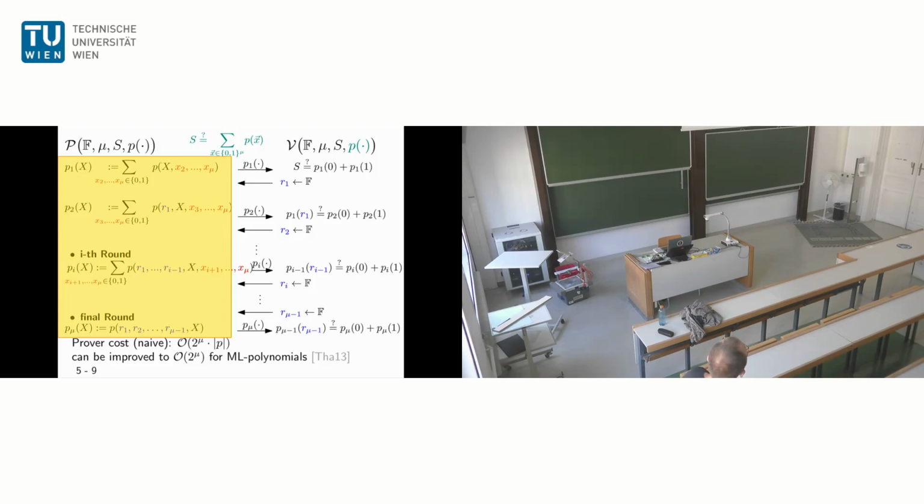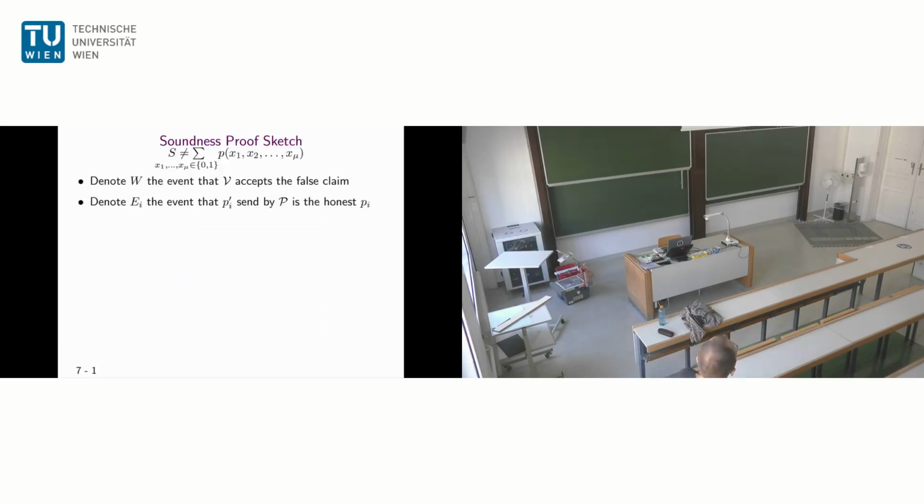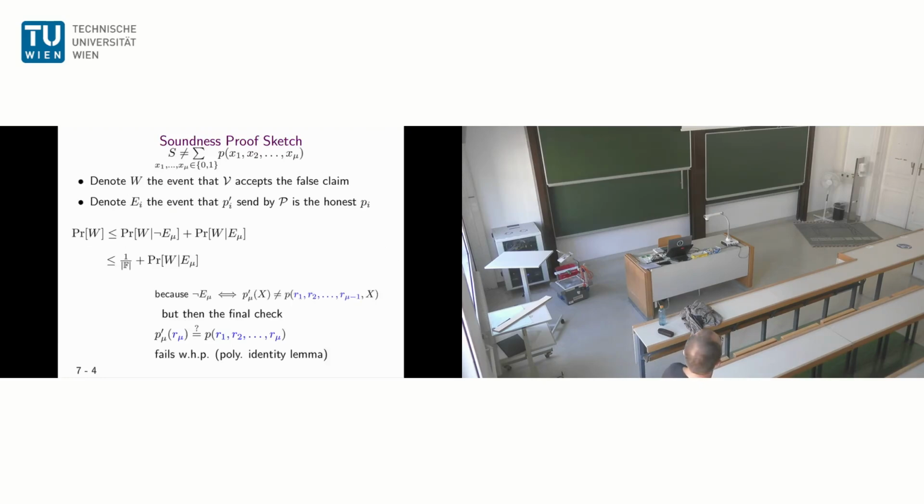So this claim is false, right? Okay, so that is what we are analyzing here. Now the prover does send the honest polynomial, and then clearly this check will not work out. So a malicious prover that is honest in the first round immediately shoots himself in the foot and is bound to fail.